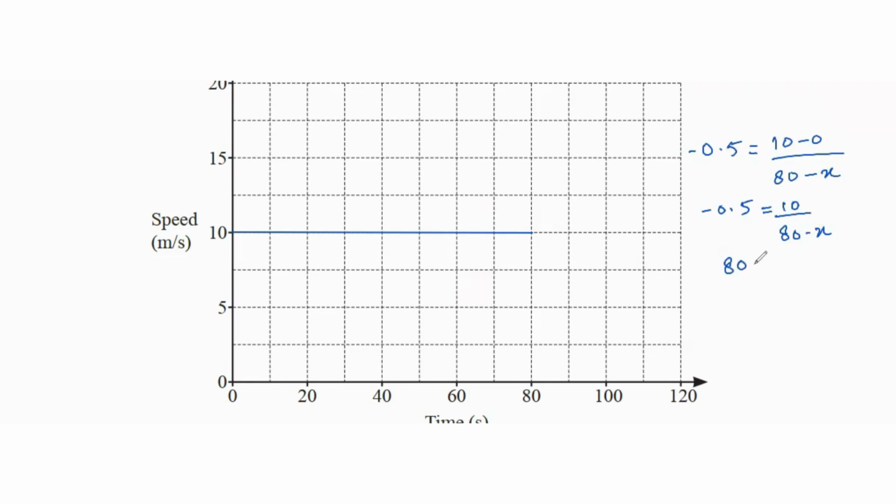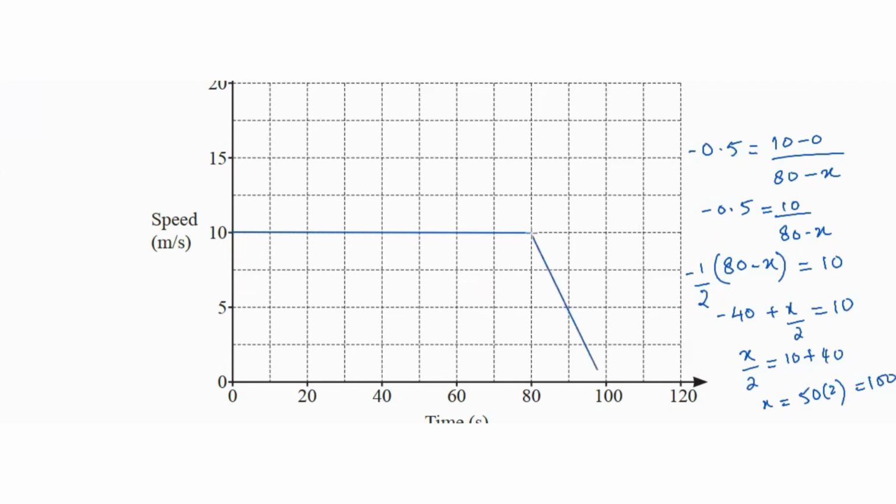Cross multiply, 80 minus x times negative 1 over 2. I'm just rewriting the decimal as a fraction. So that's going to be negative 40 plus x over 2 equals 10. X over 2 is 10 plus 40. And x is 50 times 2, which is 100. So that means your graph will end over here.